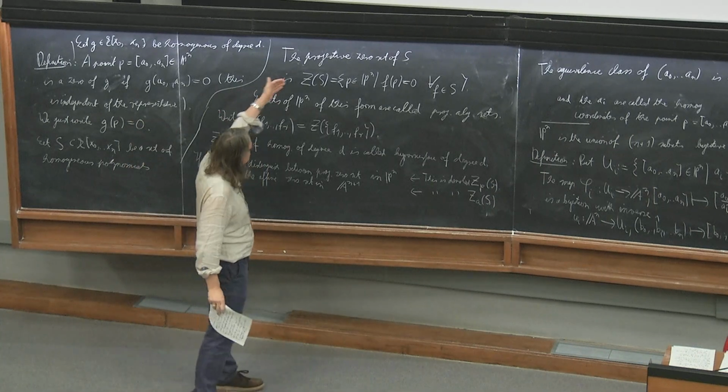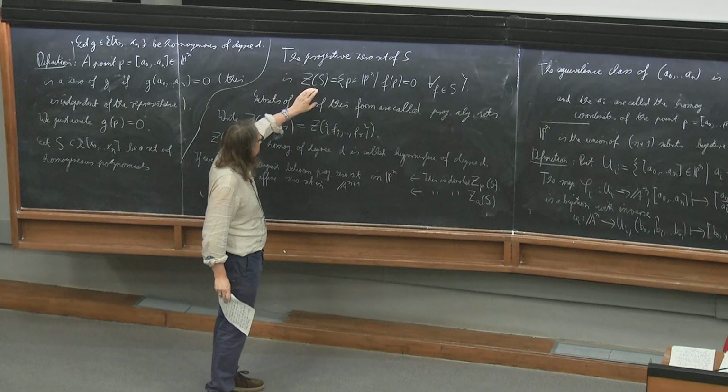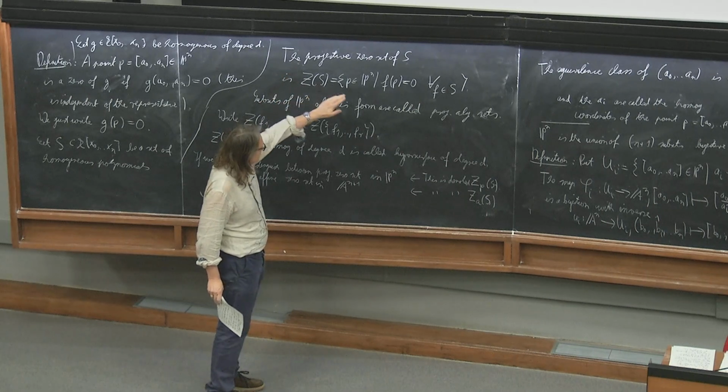So mostly now we are doing projective geometry, and when we write Z of S, the zero set is meant in projective space.